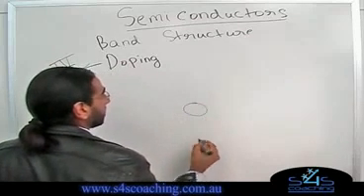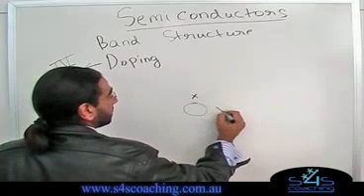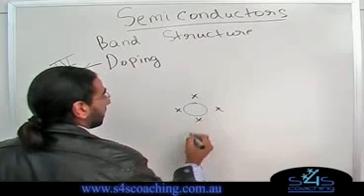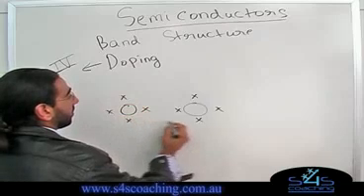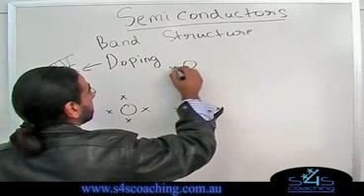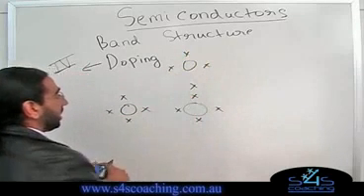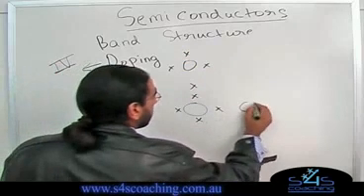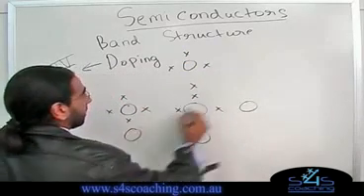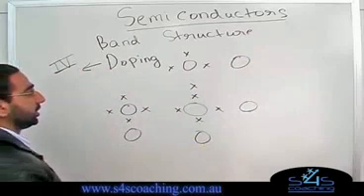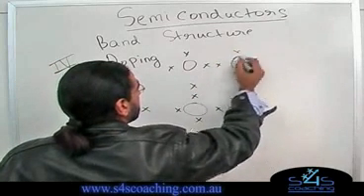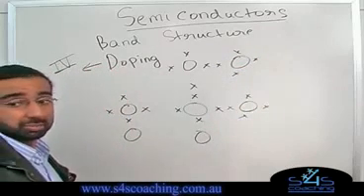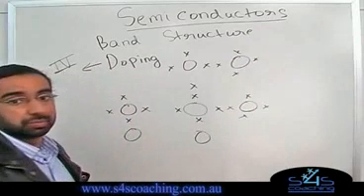I'll have the nucleus here. I'll have 1 electron, 2 electrons, 3 electrons, and 4 electrons. I have the other atom there, 1, 2, 3, 4. Another atom there, 1, 2, 3, 4. Now these electrons are all bonded. These electrons are not free to move. They are all in the valence band.